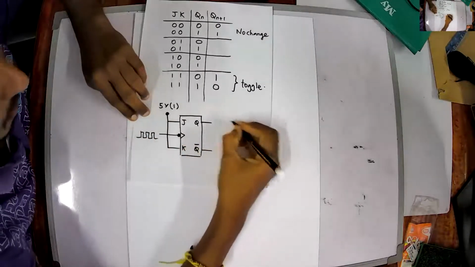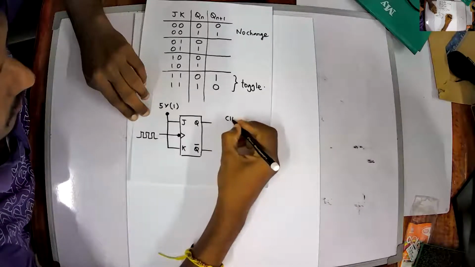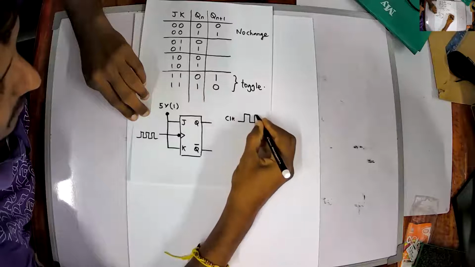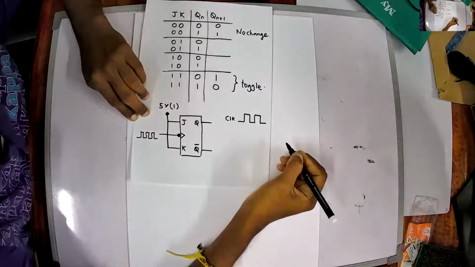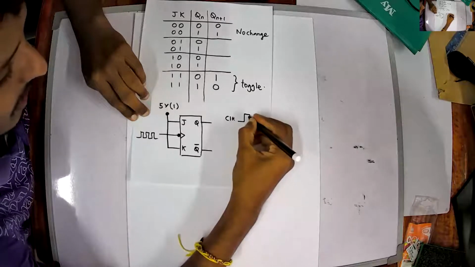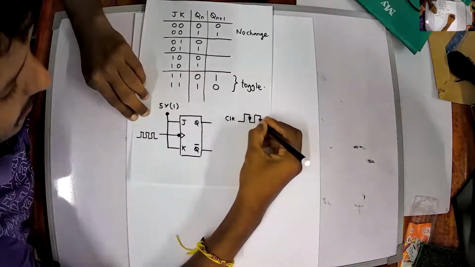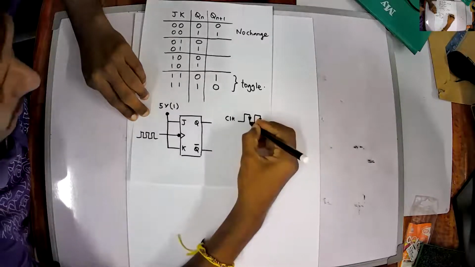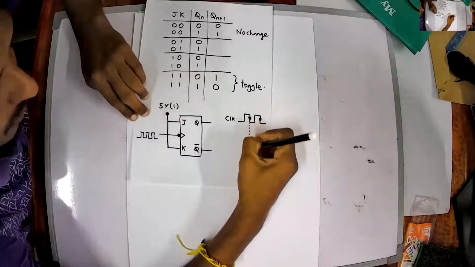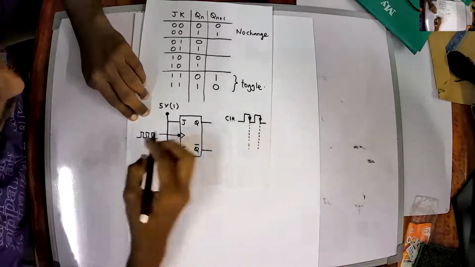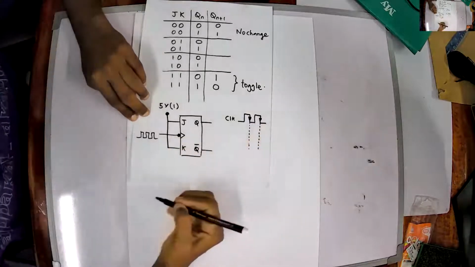For example, I'll draw the clock, a bit bigger. Negative edges are these. This is your first negative edge, and this is our second negative edge. Q will change whenever you encounter a negative edge.